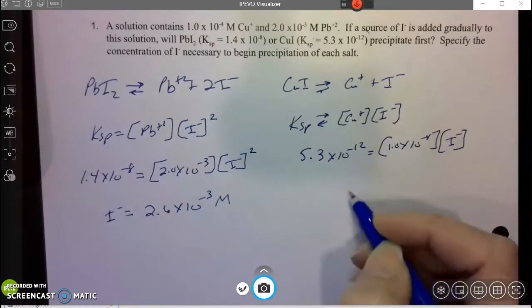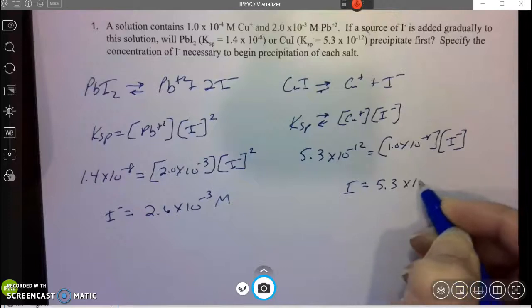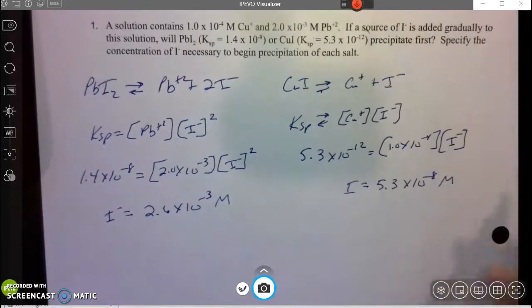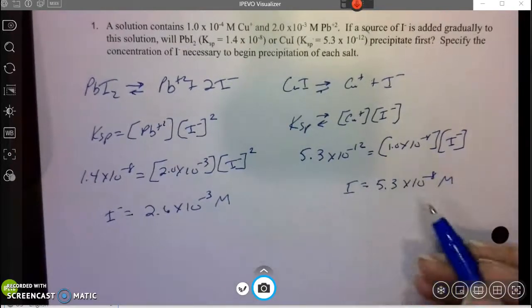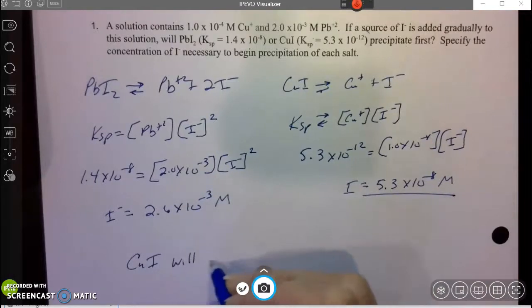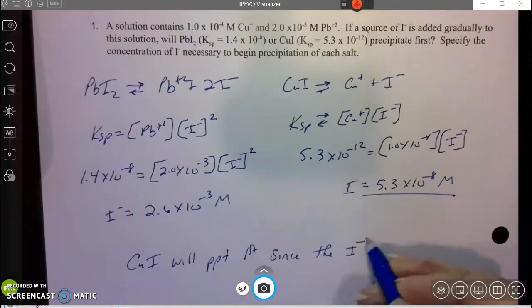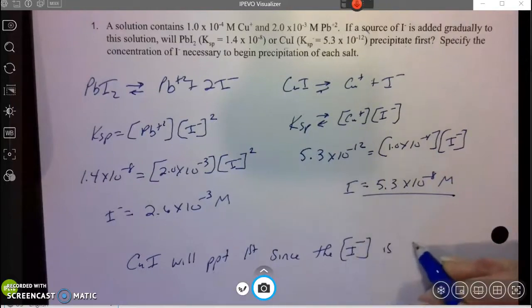And then for I minus on this one, it's 5.3 times 10 to the negative 8 molar. So CuI will precipitate first, since the iodide ion concentration is lower.